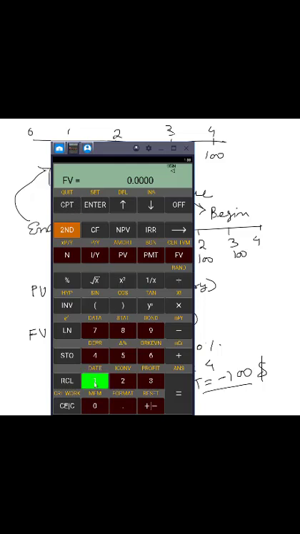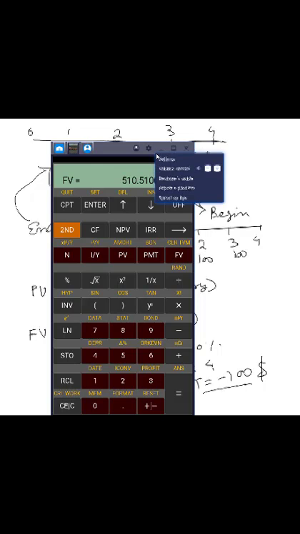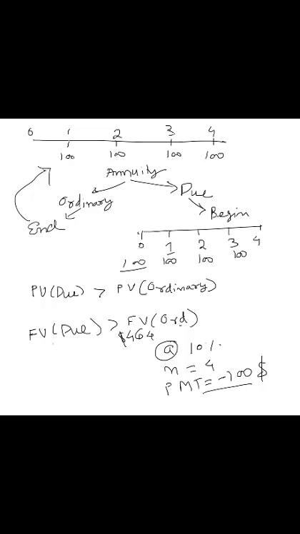So it's negative $100, 0 present value, interest rate 10%, 4 periods, and compute the future value. As you can see, it is $510.